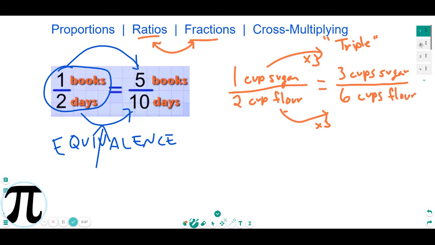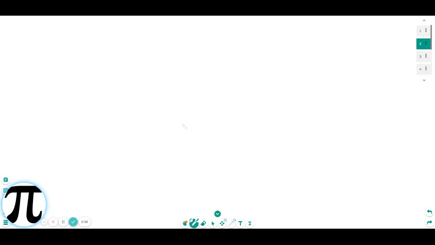Whether you're talking about books and days, sugar and flour, or even just fractions themselves, let's have a look at a fraction. Let's start with 1/2, because I always like to start with a benchmark, and then from the benchmarks we can go from there.